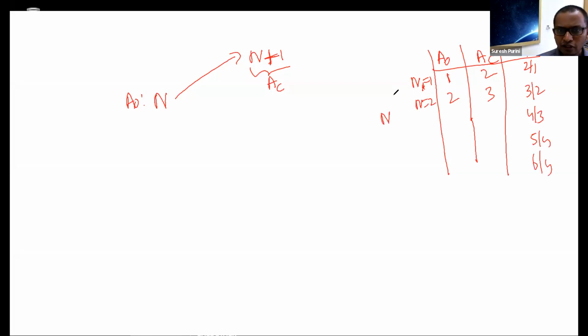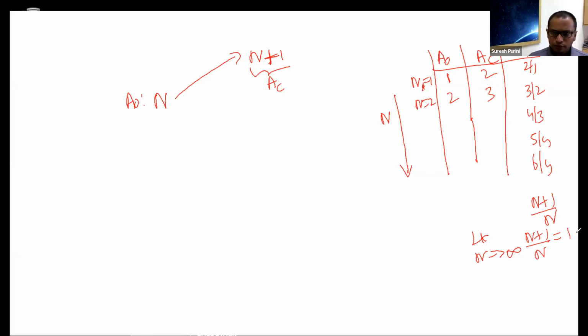So as the value of n increases, essentially we get something like n plus 1 by n. And if you compute the limit as n tends to infinity, my infinity symbol is fantastically bad, sorry, this n plus 1 divided by n is equal to 1.